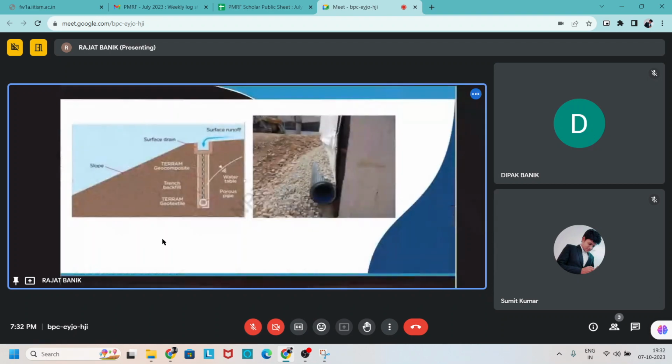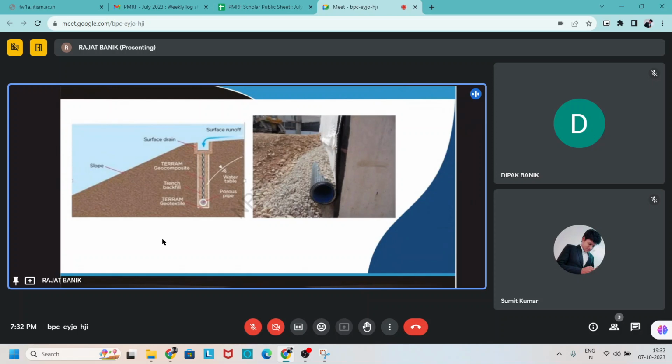So one schematic diagram is given of the surface drain to cut the surface runoff. So we see that one slope is given here, and behind this slope, one surface drain is given, and at depth below the surface drain, one arrangement is created to collect the water, mostly the surface runoff.